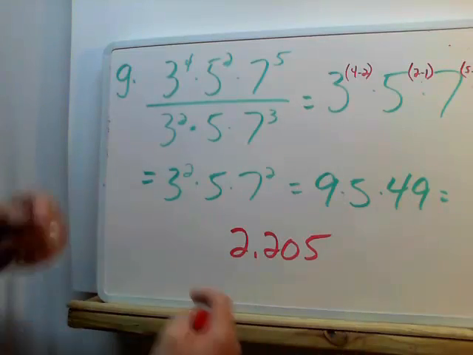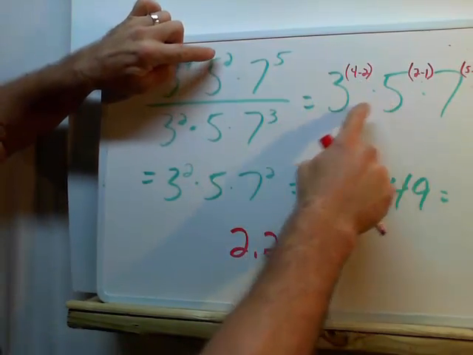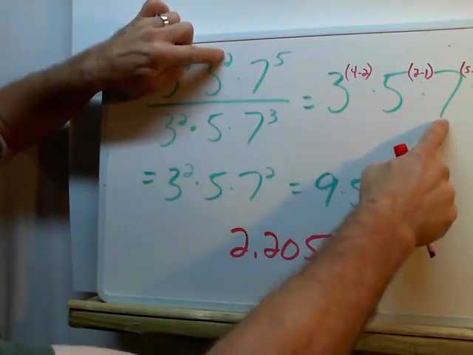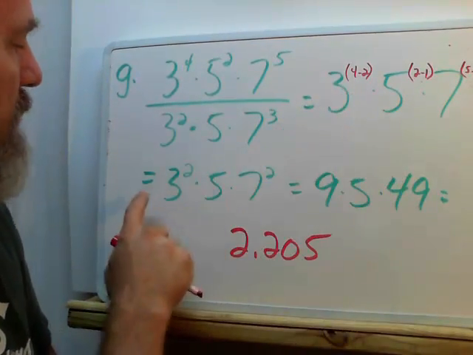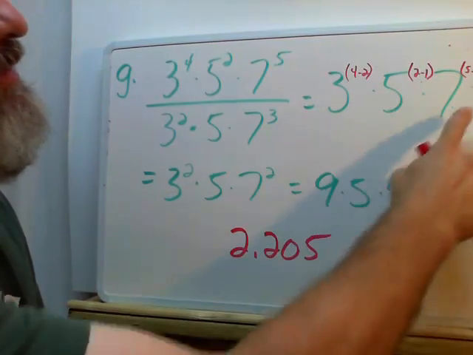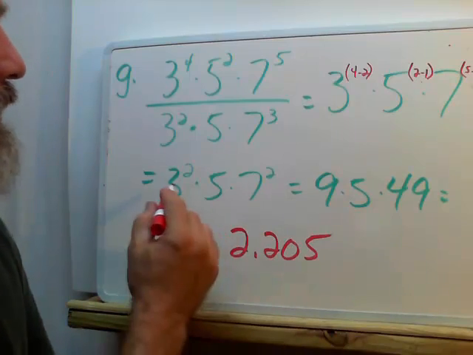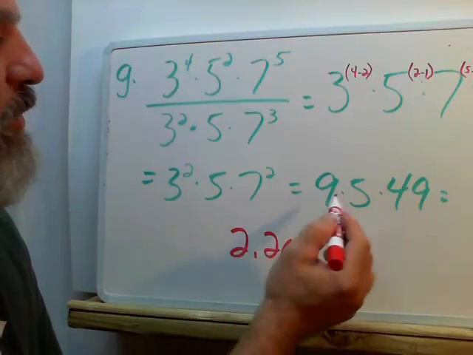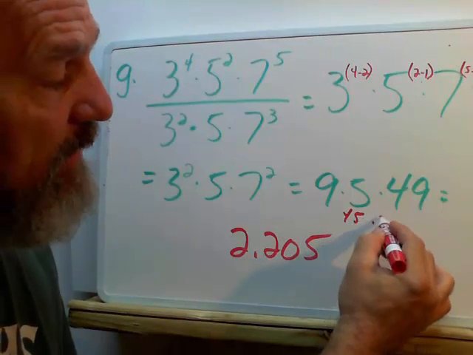So it's 3 to the 4 minus 2 times 5 to the 2 minus 1 times 7 to the 5 minus 3. 3 to the 4 minus 2 is 3 squared, 5 to the 2 minus 1 is 5, and 7 to the 5 minus 3 is 7 squared. And then of course we can write that as numbers if we want. 3 squared is 9 times 5 times 49, and that would be 45 times 49.